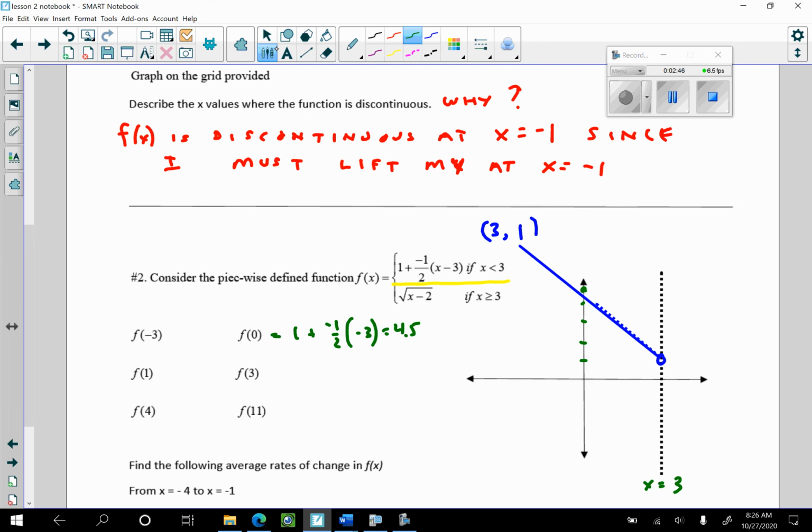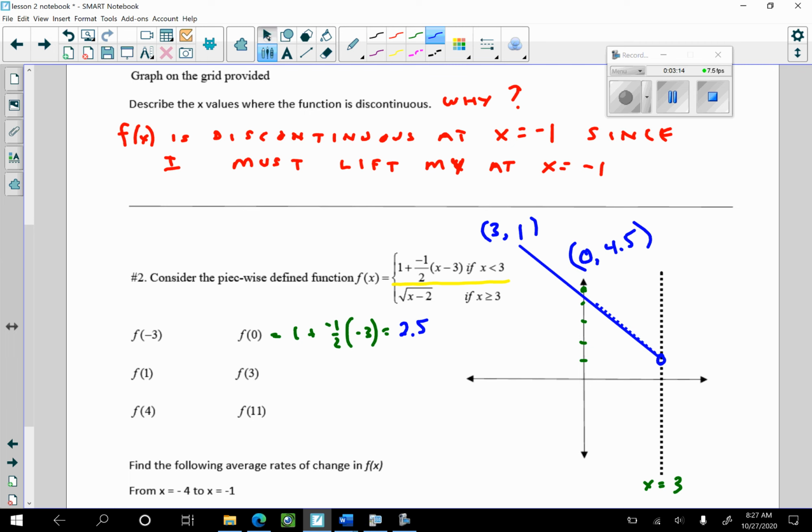I'm going to know that this point right here is (0, 4.5). Oh, it's 2.5 because this is 3/2. This is 1.5 plus 1 is 2.5. Thank you for the check. You've done that a couple times, and I appreciate that, sir. You've checked my arithmetic, and I appreciate that very much.